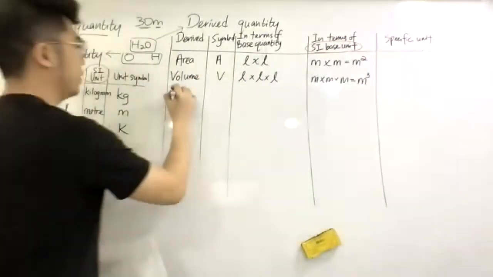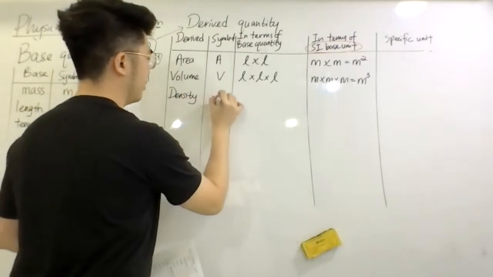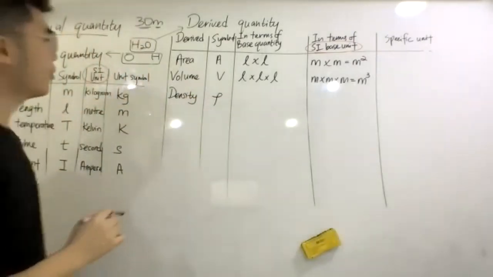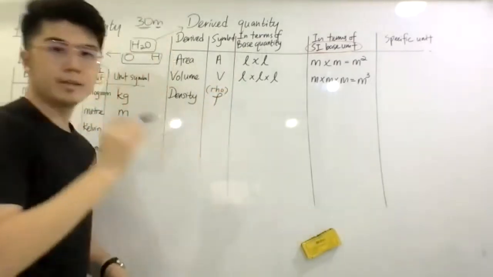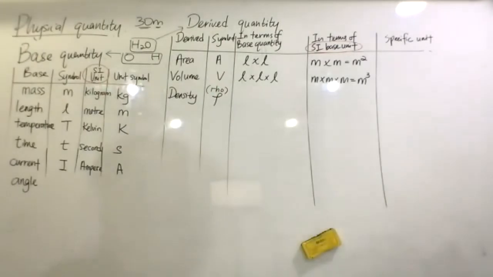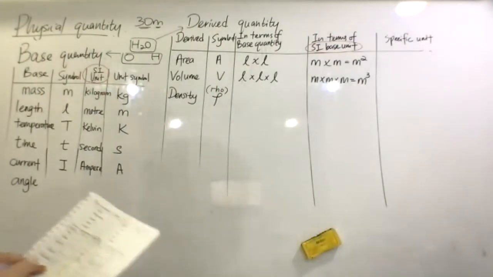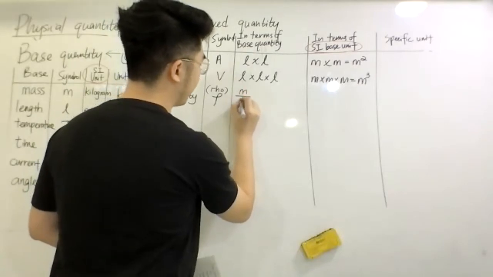Right, let's do density. This is like a P, right? How do you pronounce this? This is pronounced as rho, R-H-O. The symbol looks like a P, pronounced as rho. Density, we know, is mass over volume, right?